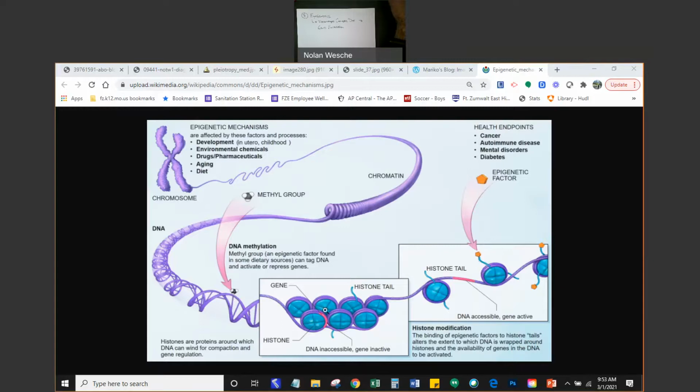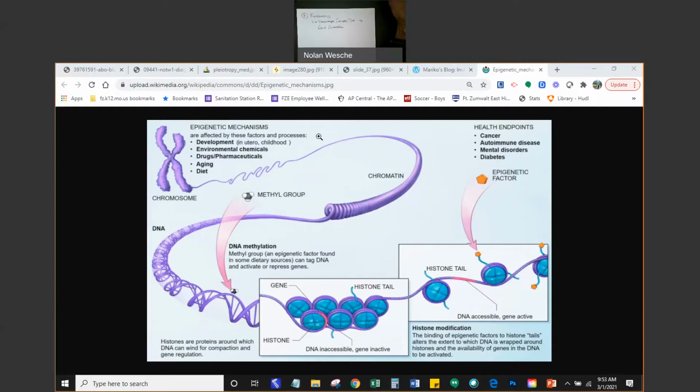Now, instead of being nice and loose like this, where these genes are accessible, like this pink one, they can be wrapped and wound even tighter with this modified histone, which means this gene is not accessible and transcription factors can't get there. So the binding of these epigenetic factors to these histone tails alters the extent to which DNA is wrapped around the histone and then makes it not available for transcription factors and gene expression.